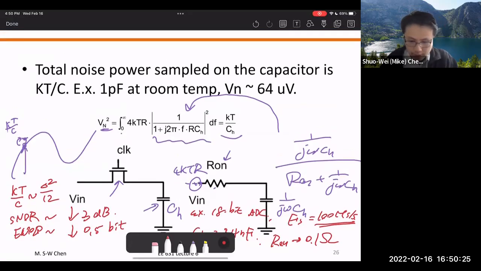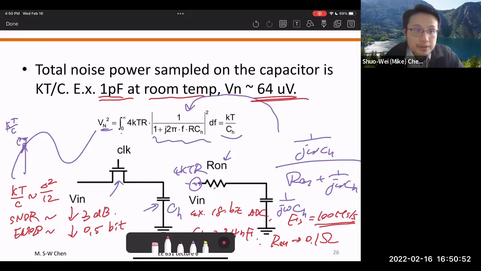All right. Here's a number that is good to have as a guideline. If your capacitor is 1 pF, then kT over C at room temperature will give you about 64 microvolt RMS, so standard deviation. The square root of kT over C is about 64 microvolt.